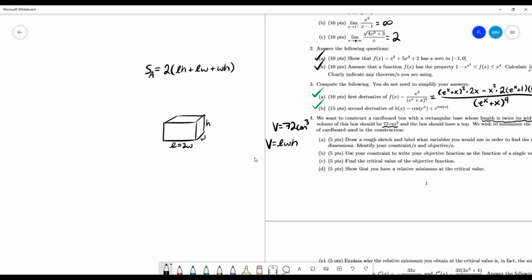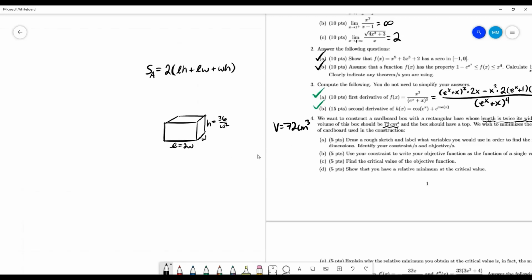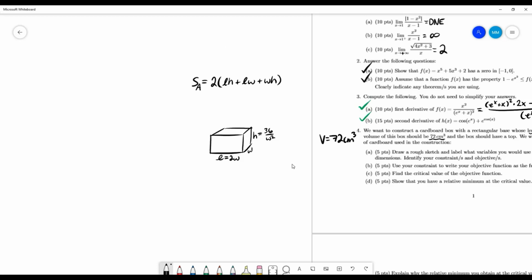I know the width is the width, and the length is double that, so it's going to be 2w times w, which is 2w squared times h, and that all equals 72. So if I want to isolate h, now h equals this, and I am going to simplify that, so that's going to be 36 over w squared. Now that we know our h in terms of w, and everything is in terms of w, we're going to plug that back in up here.